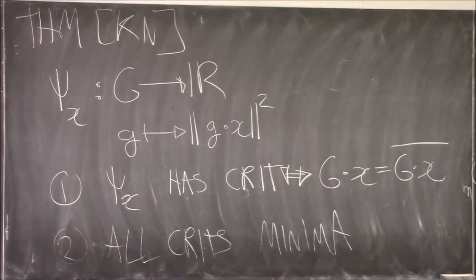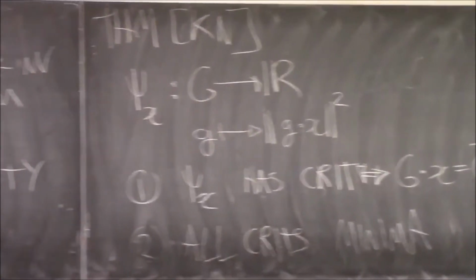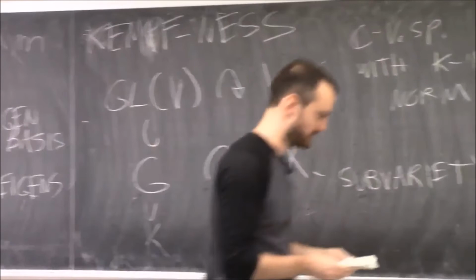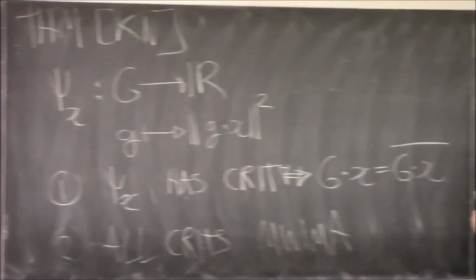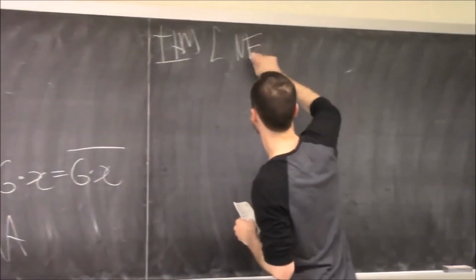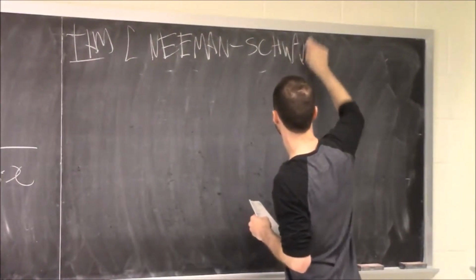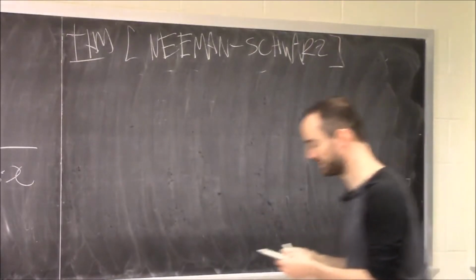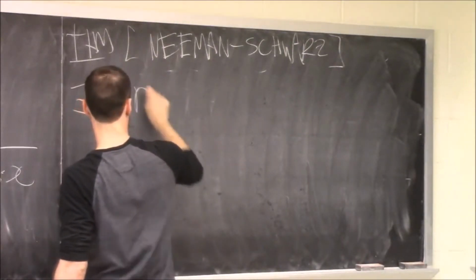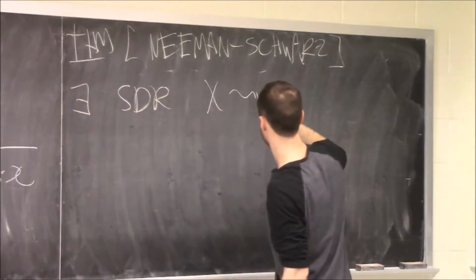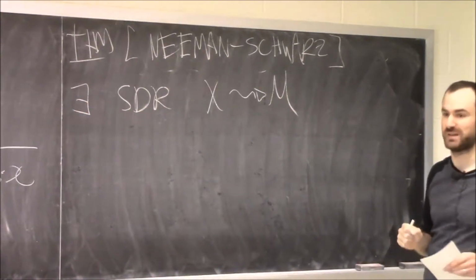And so initially this was just used to construct a compact model for GIT quotients, but then you can also use this to get to this thing called the Schwarz theorem, which says the following, that there exists a strong deformation retraction from X onto this set M, where M is the set of minimal vectors.